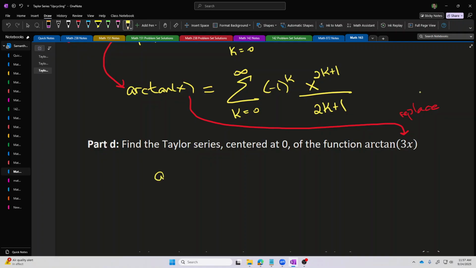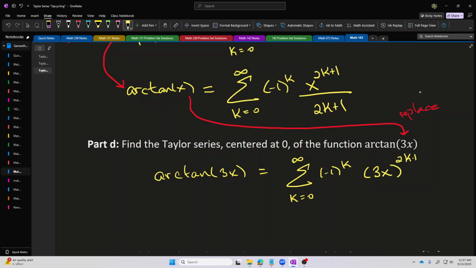So we have arctan of 3x being equal to the sum, as k goes from 0 to infinity, of negative 1 to the k, quantity 3x to the 2k plus 1 divided by 2k plus 1.